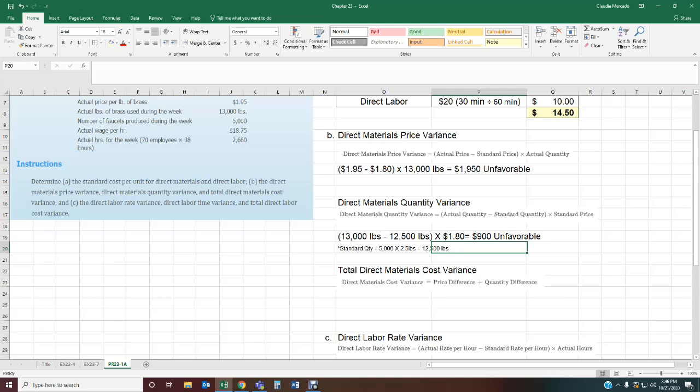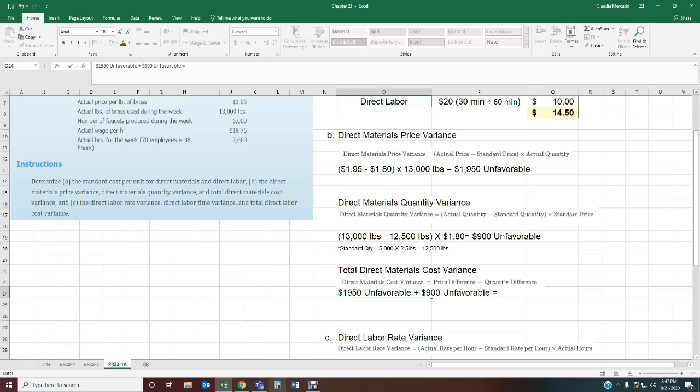Now for your total direct materials cost variance, that is your price variance plus your quantity variance, whatever you calculated on those two. I calculated first a 1,950 unfavorable plus a quantity variance of 900 unfavorable.